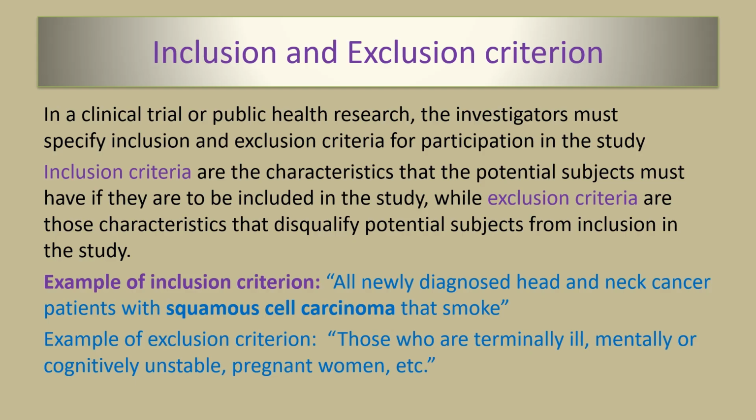For example, all newly diagnosed head and neck cancer patients with squamous cell carcinoma that smoke. Example of the exclusion criteria: those who are terminally ill, mentally or cognitively unstable, and pregnant women.